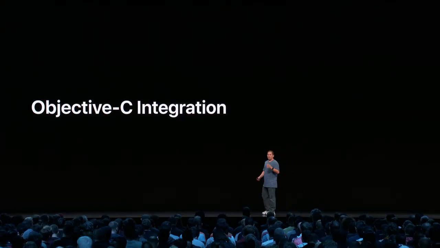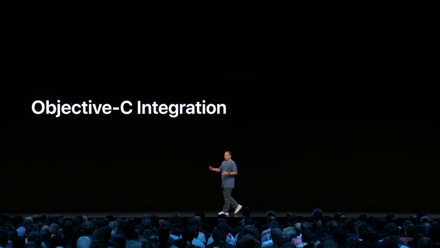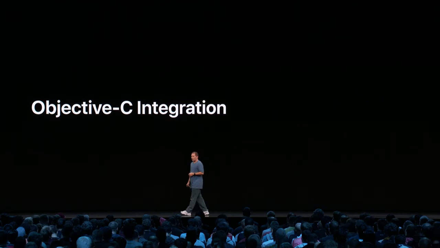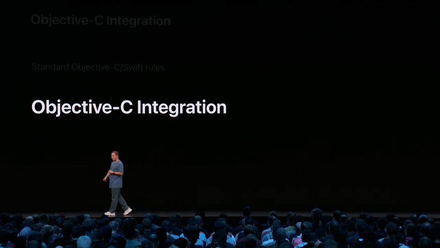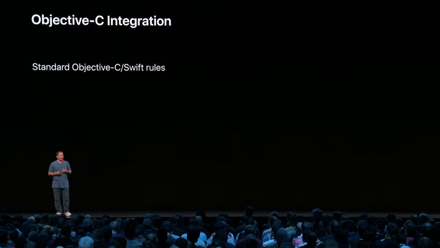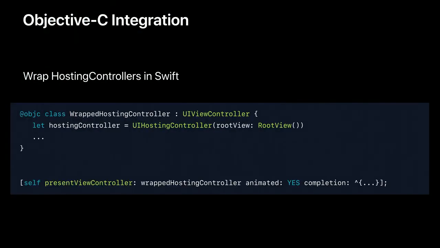Now, SwiftUI is obviously a Swift-based API, but we know that you already have a lot of Objective-C code out there. And Objective-C and Swift already can be integrated together quite well. And likewise, you can use SwiftUI with your Objective-C code as well. The standard Objective-C Swift integration rules apply. And basically what that means as it concerns SwiftUI is that you'll need to wrap your hosting controllers or your hosting views in Swift.